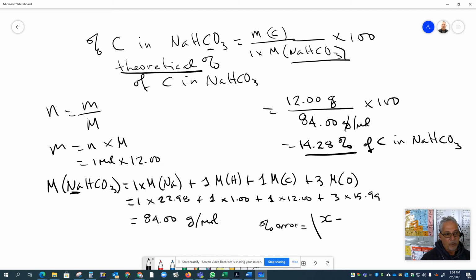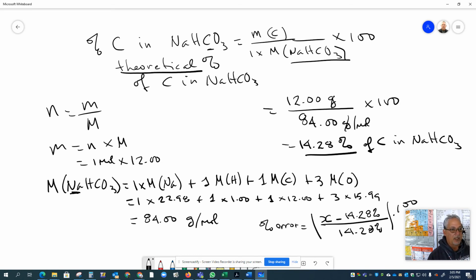Notice that I put the modulus, so it means the number has to be positive at the end. And that can give you the percent error, how far you were from the theoretical value. And that's the way I will do the calculation for finding percent error.